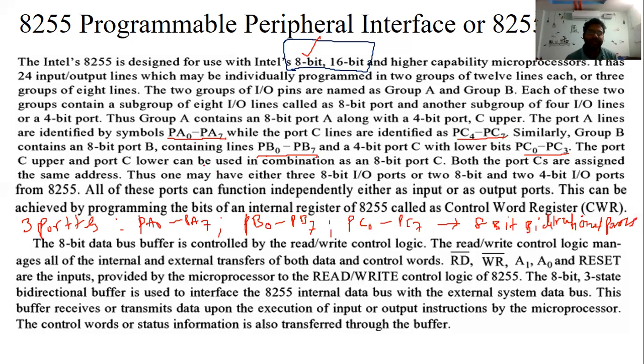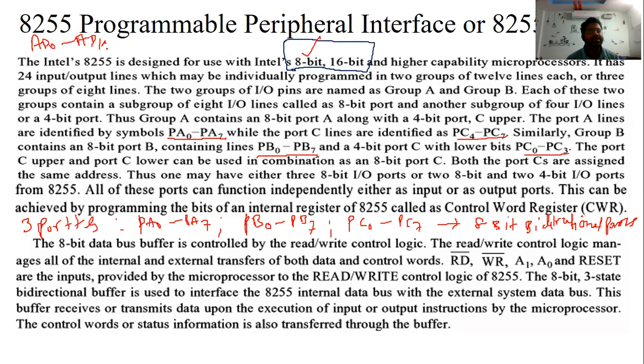Who can control whether these ports work as an input port or as an output port? At a time it may work as an input port, and after that it may work as an output port, like the AD0 to AD7 and AD0 to AD15 lines.